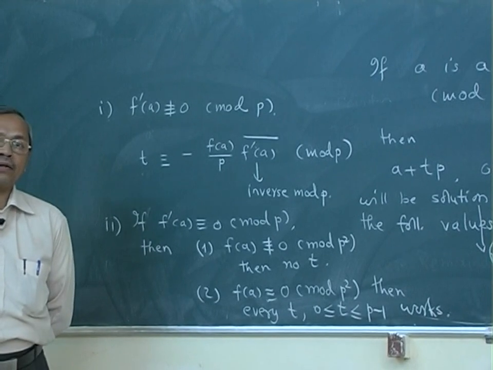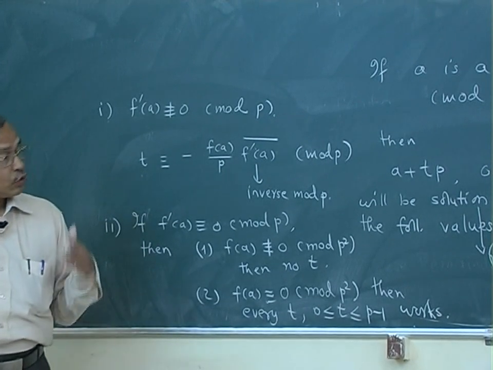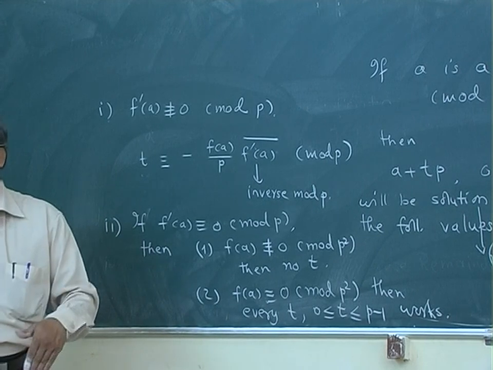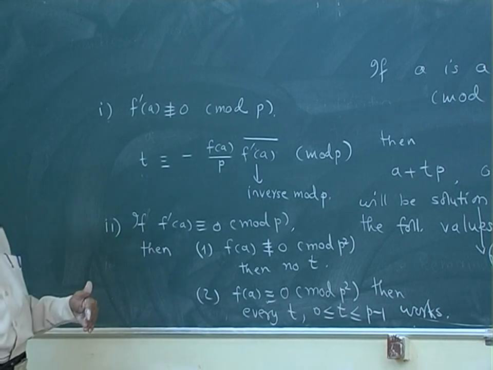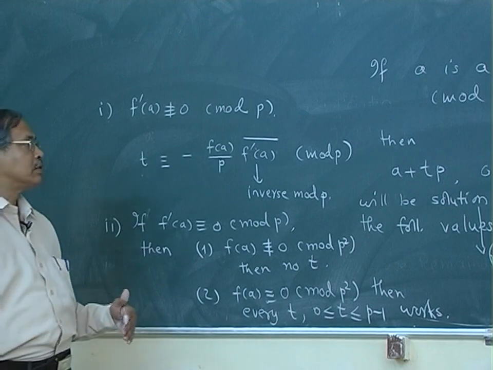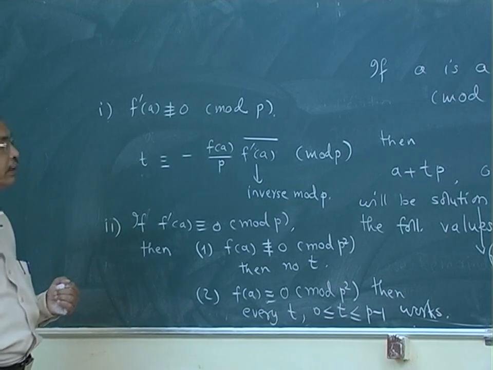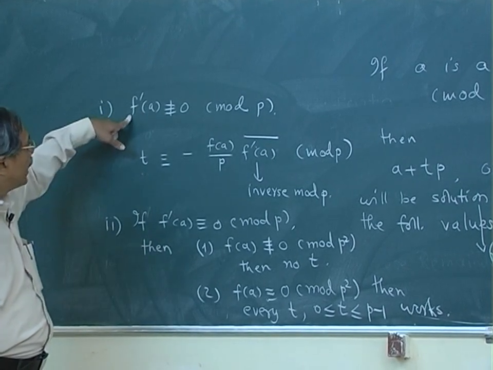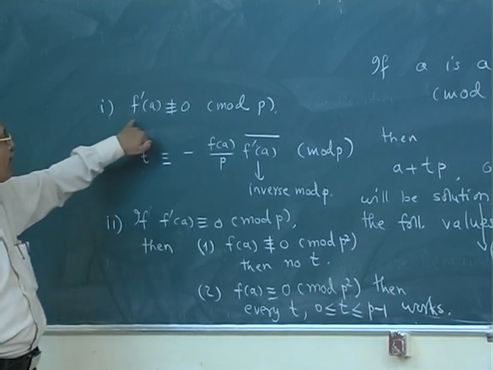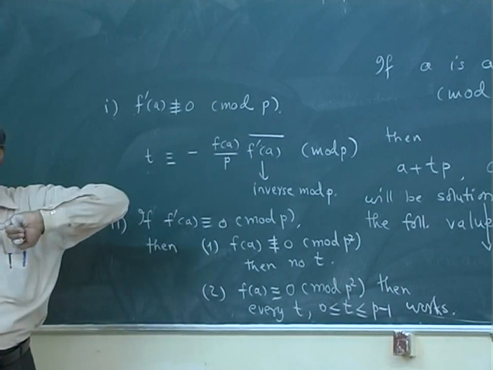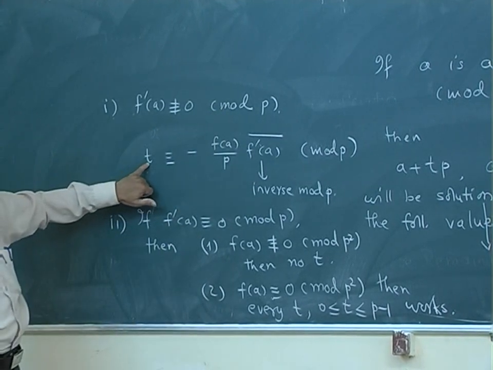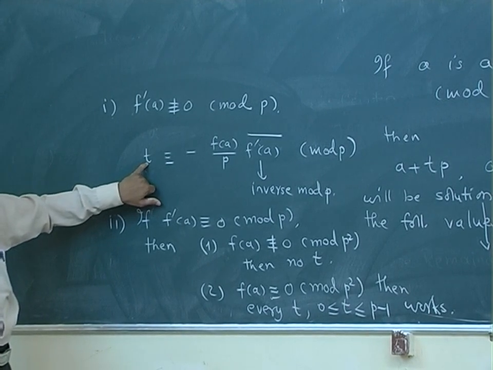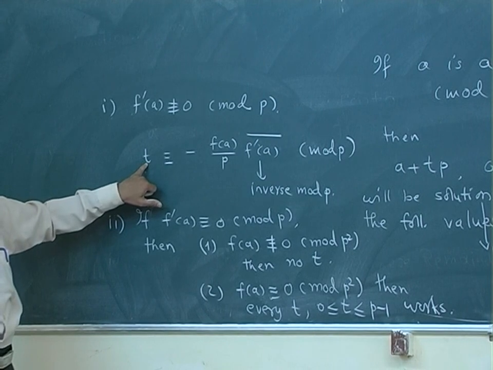And this method can be generalized to get solutions mod p cube from solutions mod p square in the same way. Suppose a is the solution mod p square, then assume the same condition that the derivative f dash a is not congruent to 0 mod p. In that case a plus t p square I have to consider.